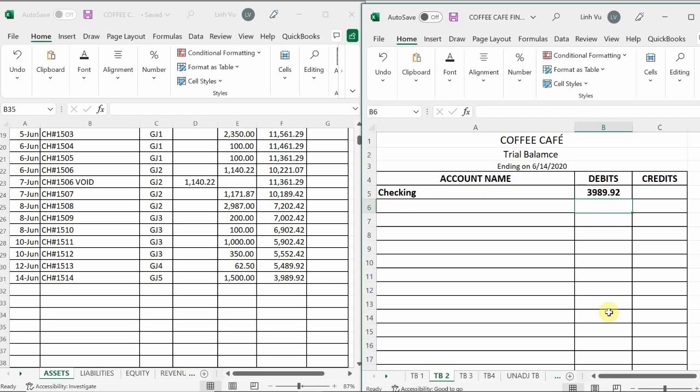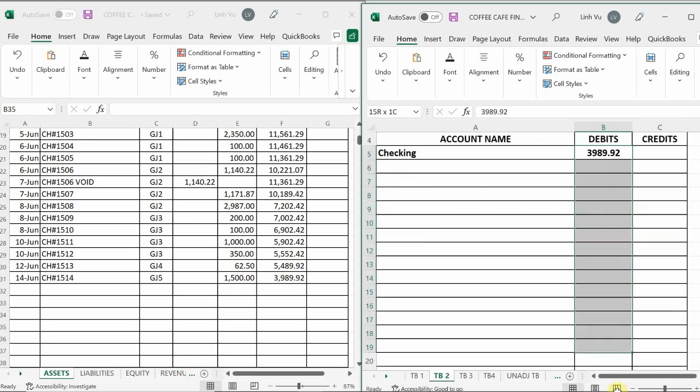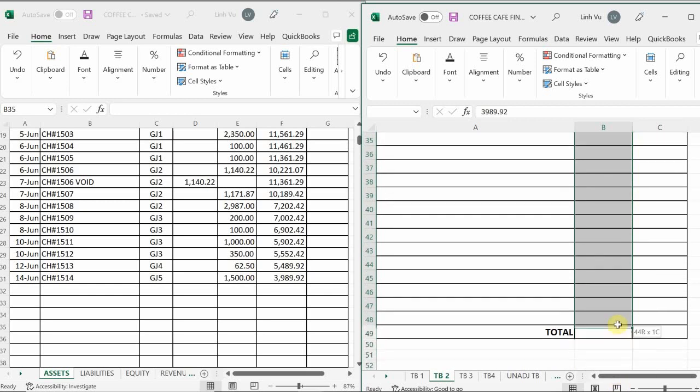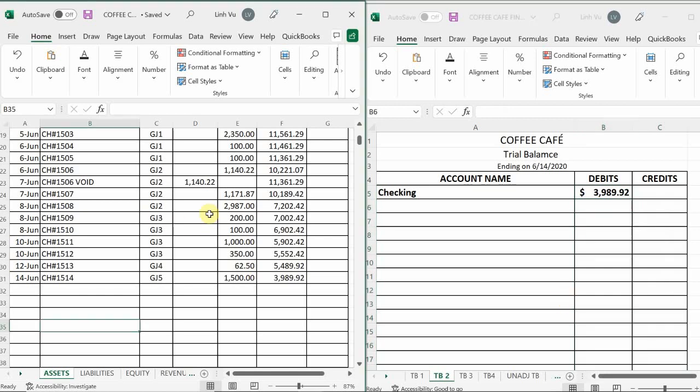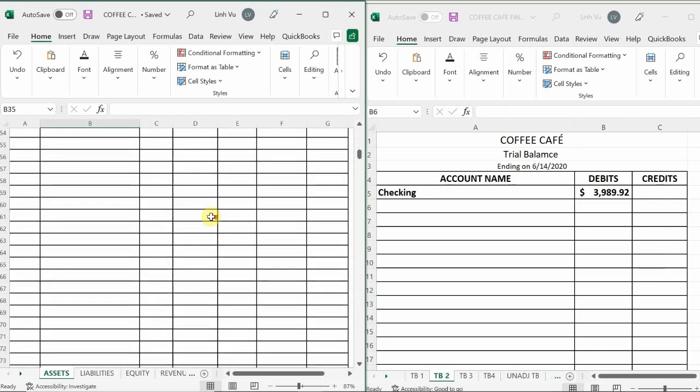Whatever you see on your ledger, whether it's on the debit or the credit side, is what you're going to post into your trial balance. So in this case, it has a debit balance of about $3,000. Now I'm going to format this real quick because I want it to have accounting style. Okay. So I have $3,989.92 in my checking account.